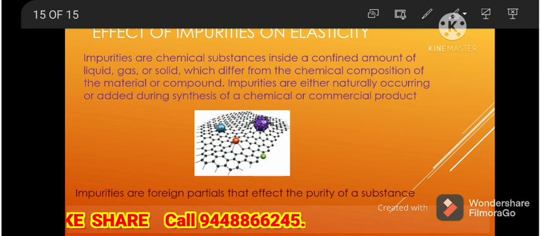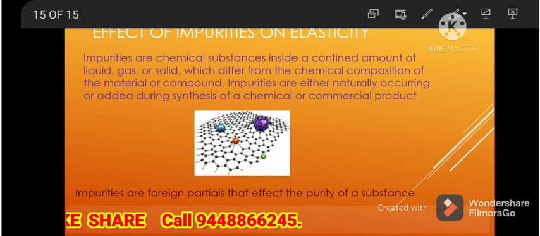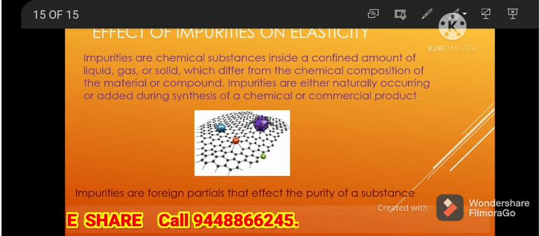These impurities may be chemical substances inside a confined amount of liquid, gas or solid, which differ from the chemical composition of the material or compound. Impurities are naturally occurring or added during the synthesis of the chemical or commercial product. Say, for example, in steel you add chromium, and the material properties are modified.